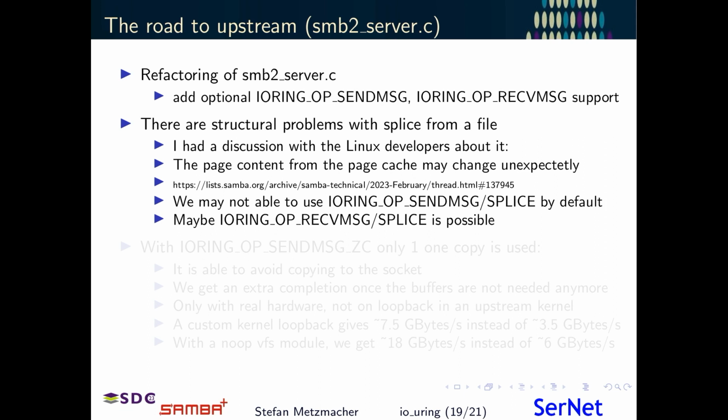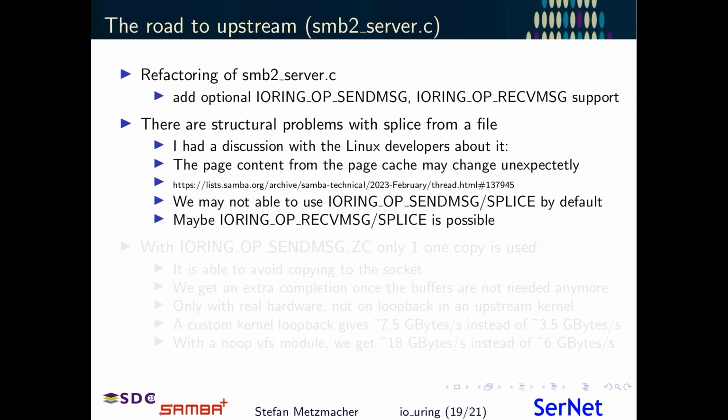And the sad thing is that what I used in the prototype was send message and splice can't be used, because I found out that when you splice from the file system into a buffer and then to the socket, during the socket operation the page cache may change unexpectedly behind us, and that would mean that SMB signatures or something like that will be invalid, and we return unexpected data.